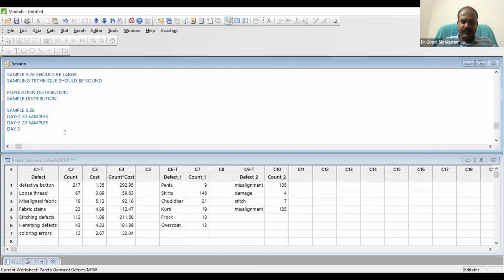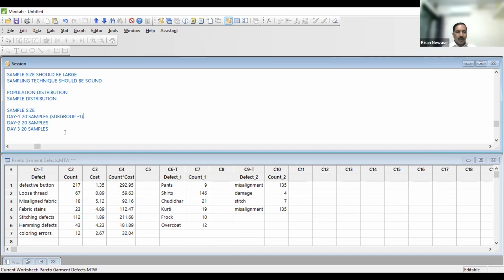But 20 is also a big number. Hope all of you agree with me. Generally nobody takes 20; they take only 4 or 5. Now, the 20 samples together should be called subgroup number 1. Do you all understand what subgroup number 1 is? How many data points are inside?